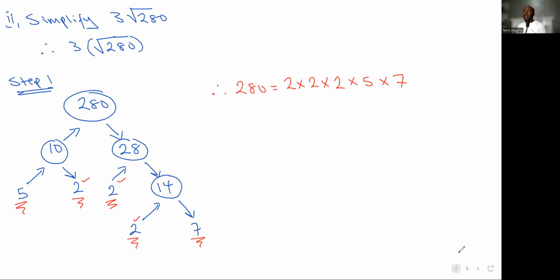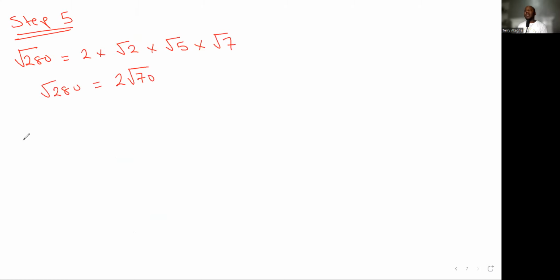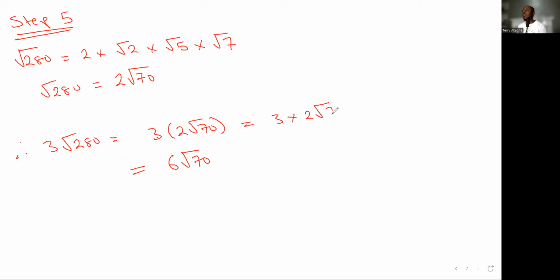So that means here, root 280, I can rewrite it as 2 root 70. Are you seeing it? So now we can solve it. So 3 root 280 is going to be the same thing as saying 3 times 2 root 70, and opening the bracket of sorts, 3 times 2 will give us what? 6 root what? 70. So the answer is what? 6 root 70. And that's how you solve that.